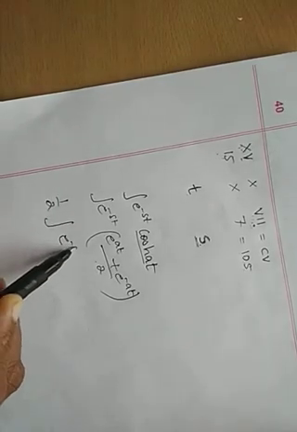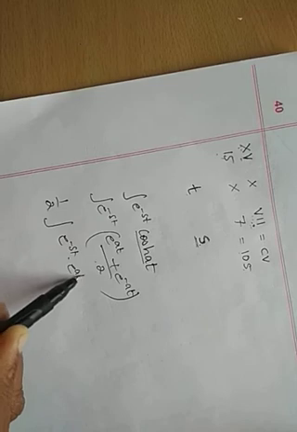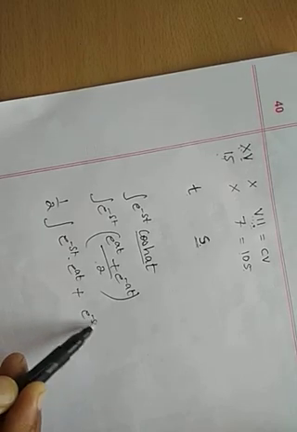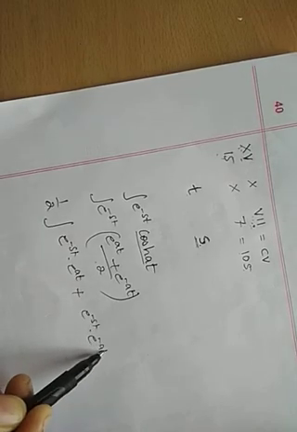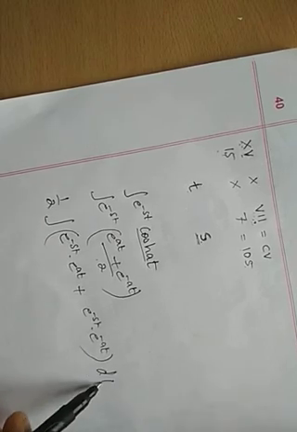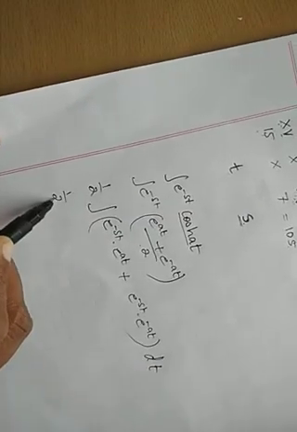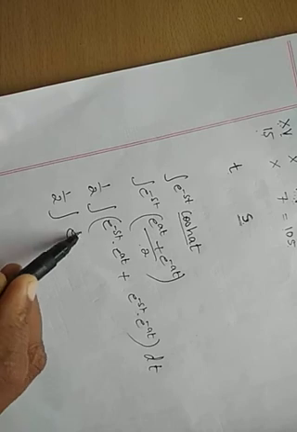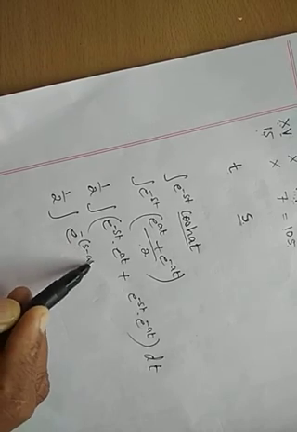Integration of e raised to minus st into e raised to at plus e raised to minus st into e raised to minus at you have to perform. Bases are same, powers get added. So e raised to minus of s minus a into t.